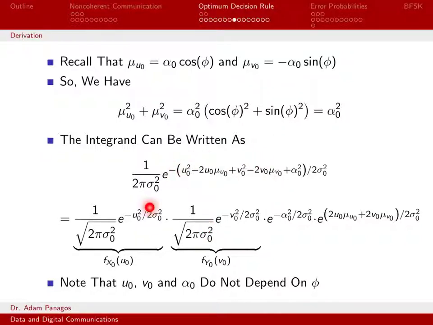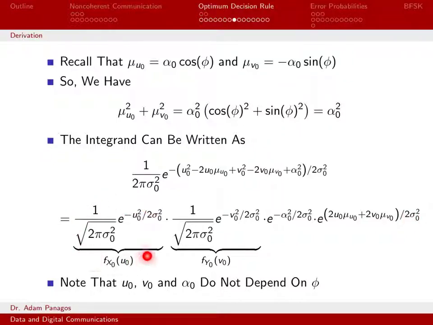I factored out one part right here, so that part I put here, this part I put here, and the remaining pieces, this piece and this piece, I put over there. And having done this, we now have these extra terms right here. These no longer depend on phi, so I'll be able to factor those out of my integral as well. And really my integral now involves just trying to work with this.